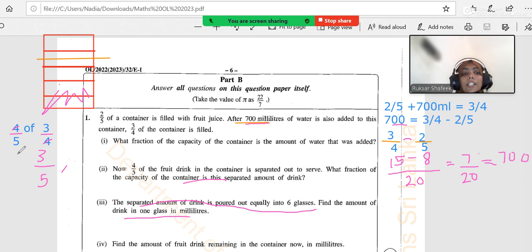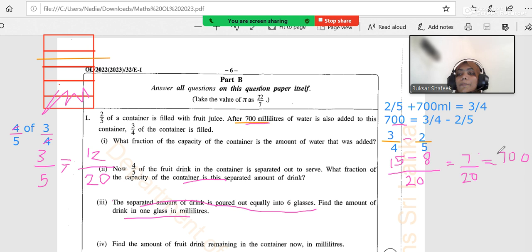So you can find how much is 3/5 equal to. Now if you take 3/5, if you want to make the denominator same, you can make this denominator 5 times 4 is 20 and 4 times 3 is 12. So basically 12 out of 20 is the amount of juice that you've taken out of the container, right?